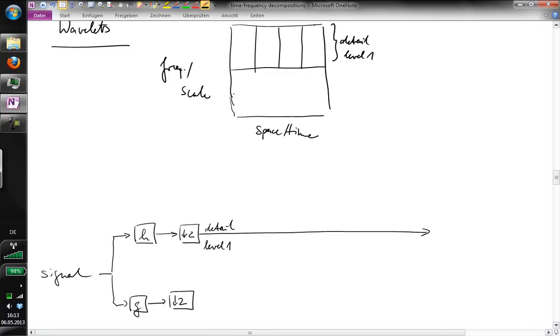So I want to add an extra split here, which I can achieve by using the same high pass and low pass filter as before, but now on a much shorter signal, of course. So those would be the details at level 2.